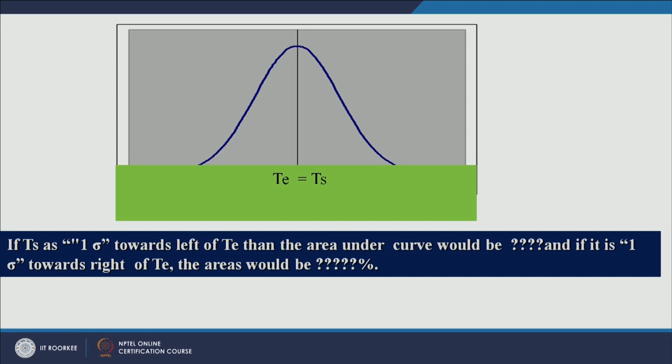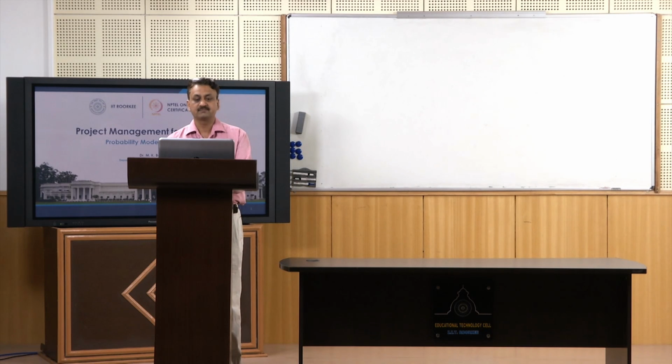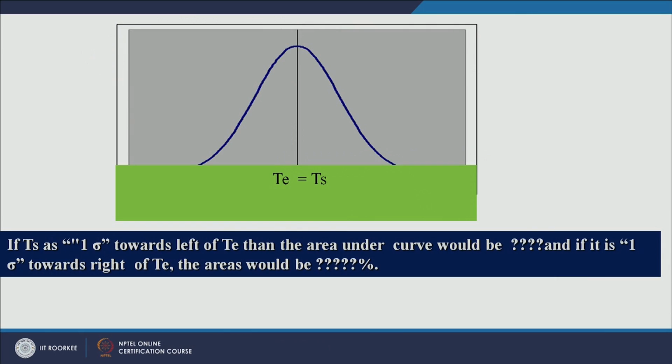If the scheduled completion time TS is not given, then TS is equal to TL. Let us look at this example wherein TE is also equal to TS. Since there is no difference, we will say the probability of completion of this project is 50%. So this area is 50%, and the remaining area is also 50%, so the total area is 100%.